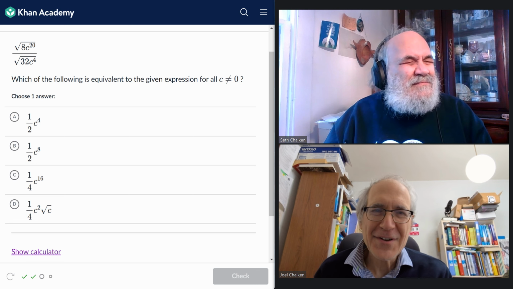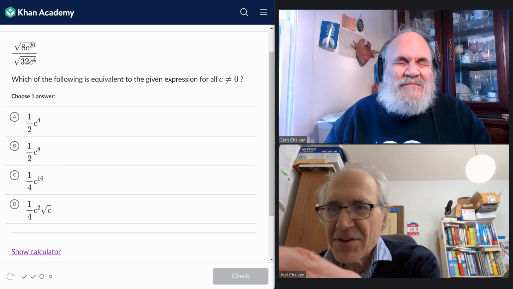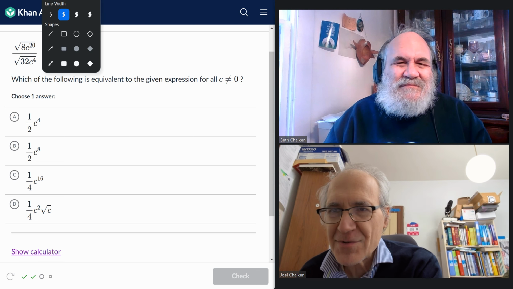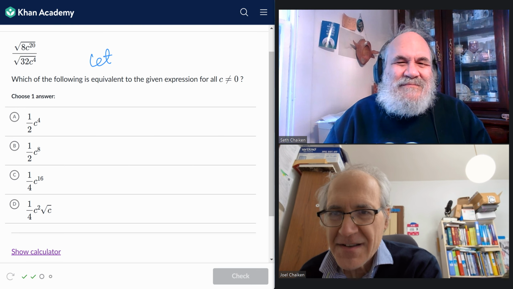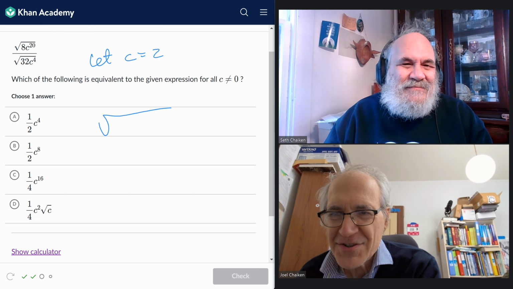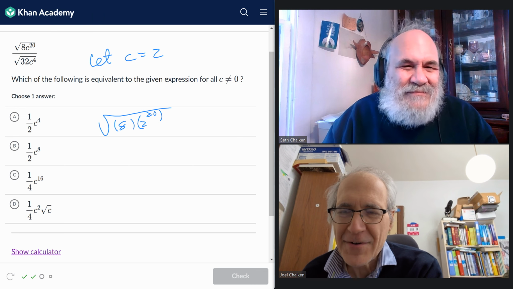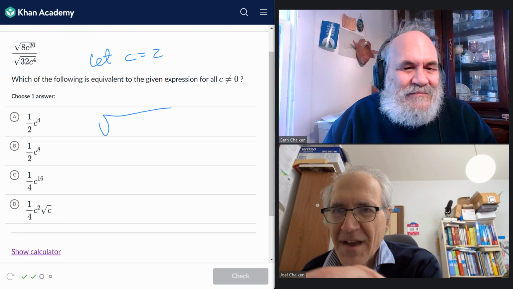It's a bad idea to use a calculator with this. I mean, you never do this, but you could use brute force with a calculator. You can let c be 2, and then you can literally do the calculations. But 2 to the 20th, the calculator will blow out. So that's not practical.